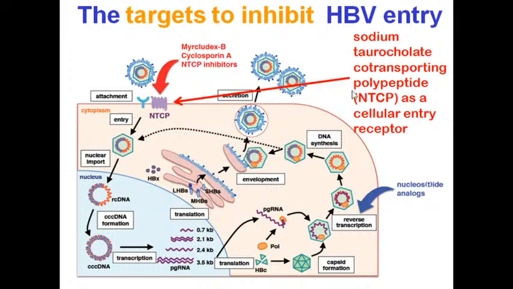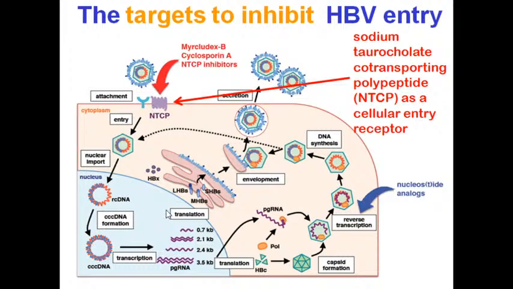So now, my dears, on this scheme, we can see the targets to inhibit HBV entry and other stages of replication. So now several drugs are developed like Myrcludex-B and cyclosporin A. They act as anti-NTCP inhibitors to prevent the binding of the virus.